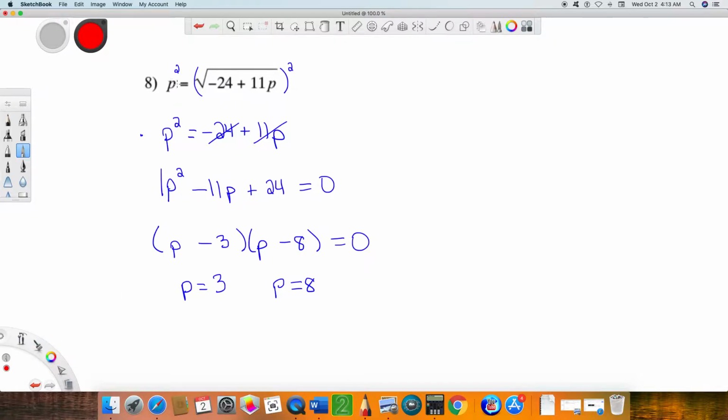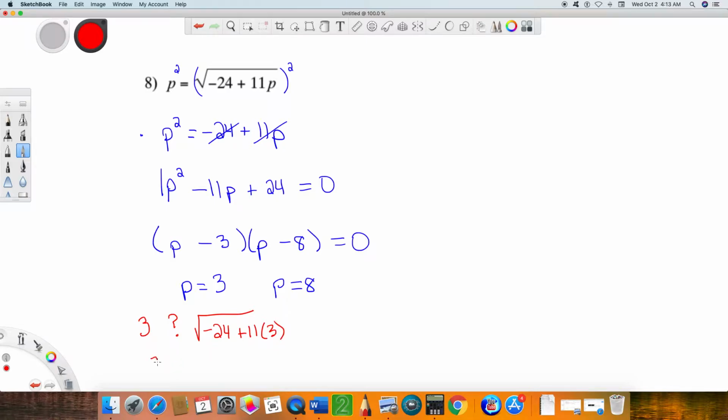In the original equation, p is on the left here. We're going to replace p with 3. And the big question is, when we do this arithmetic on the right-hand side, are we going to get 3? So underneath the radical, we have negative 24 plus 11 times p, but we're replacing p with 3.